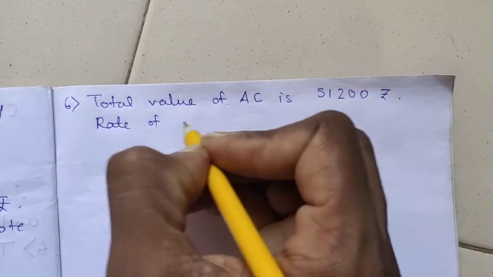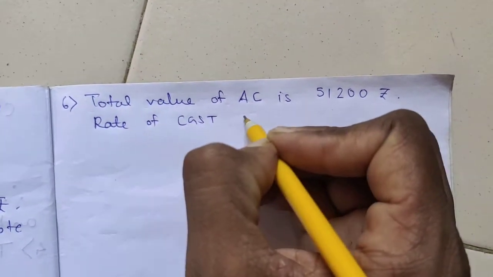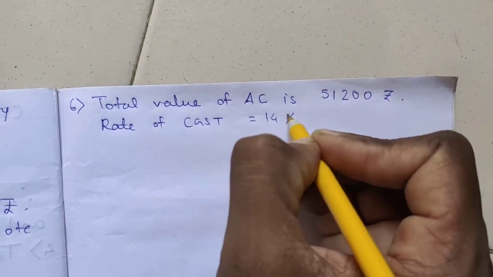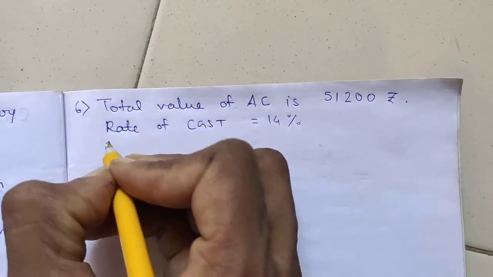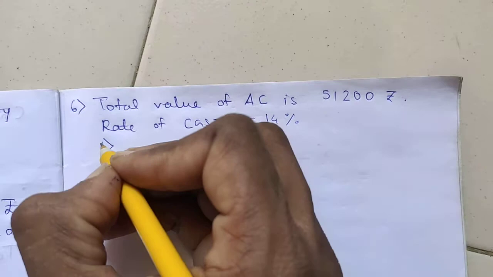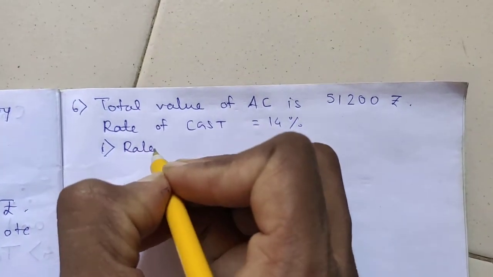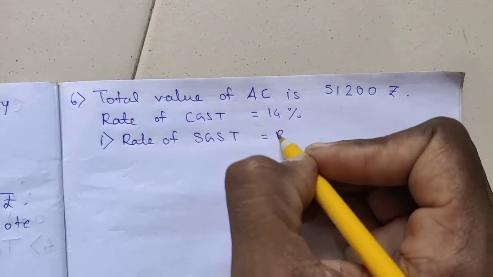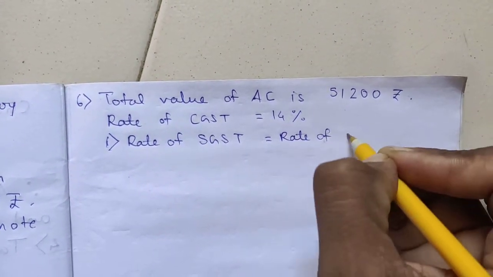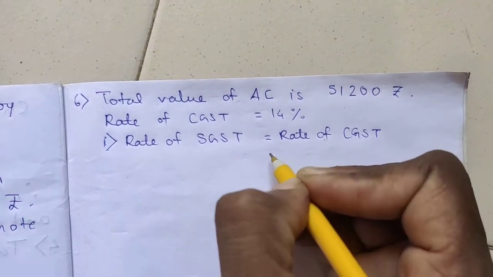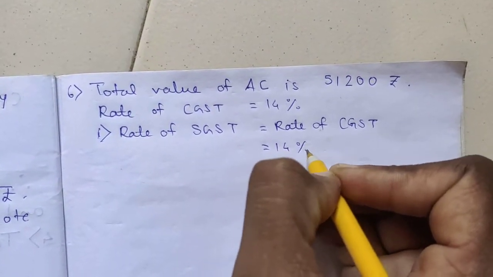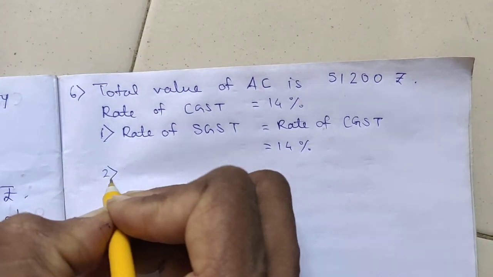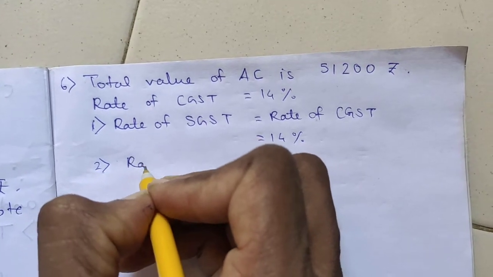Rate of CGST is how much? 14%. Now first part we need to find out rate of SGST. So rate of SGST is nothing but rate of CGST, because both are equal. So rate of SGST is equal to rate of CGST is equal to 14%. Now second part is we need to find out rate of GST.